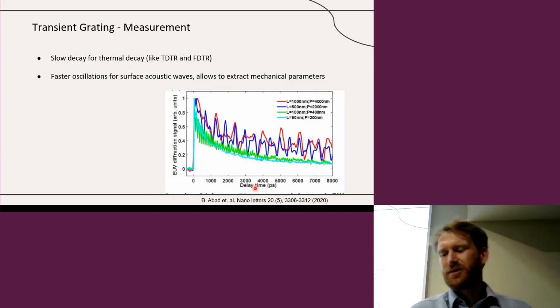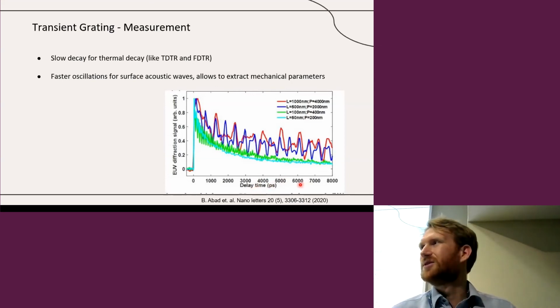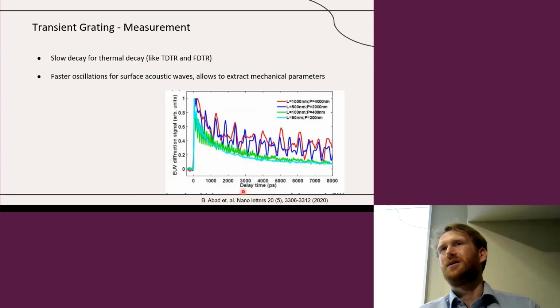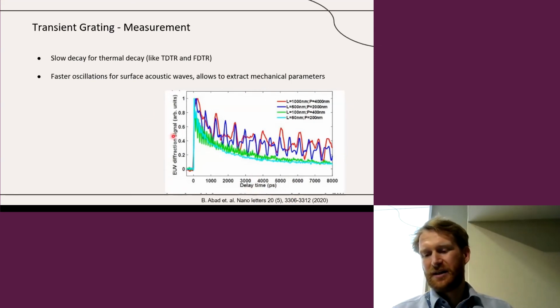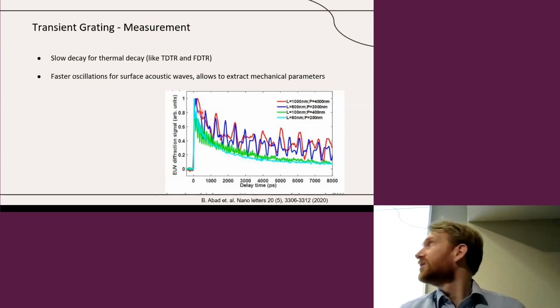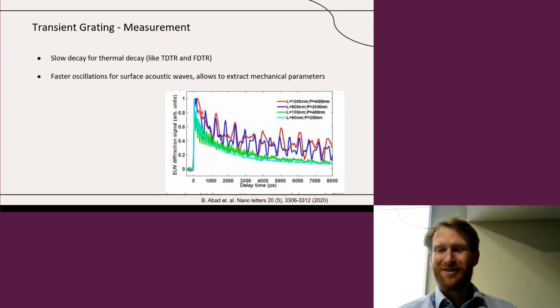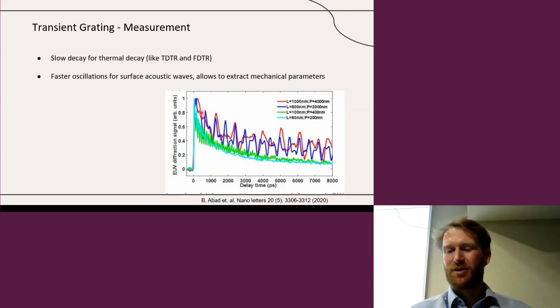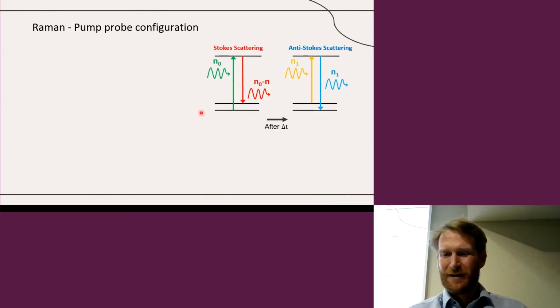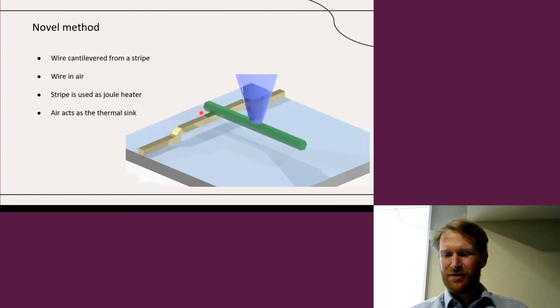But when you look at a typical measurement system, I think this was already coming by yesterday as well, you will see that again, you measure with a delay time, so there will be a mechanical delay stage. And then you look at the diffraction signal. But the interesting part is that you can see two effects on top of each other, which will give you both the mechanical parameters and the thermal parameters. Okay, I will skip this in view of time.